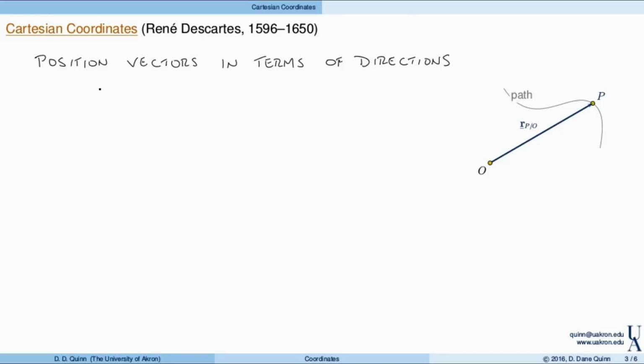So here, for example, horizontal and vertical might be I and J. Not necessarily horizontal and vertical, but certainly fixed in the reference frame associated with the ground. So in this plane of the paper or the computer screen or whatever you're viewing this on, we could identify directions I and J, like so. Here I is horizontal and J is vertical.